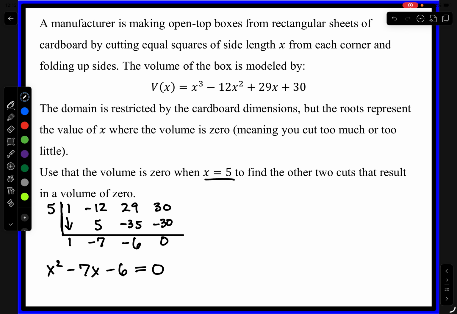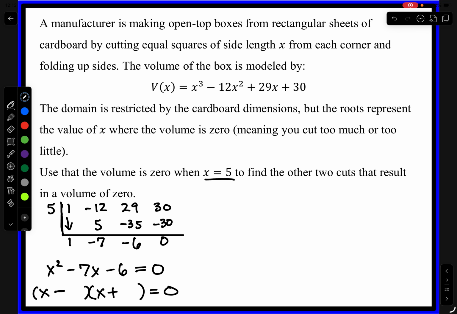We're going to see what makes this thing equal to 0. So let's see if we could do this by factorization. We're going to break the x squared into factors of x and x. We have a negative sign in the middle, and since a negative times a negative is positive, that means that this factor is going to add something to that x. So let's see what options we have.